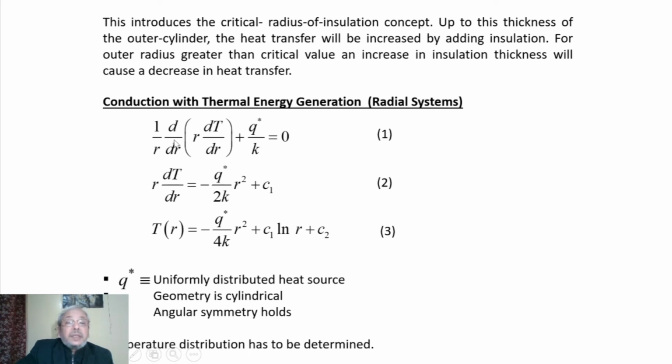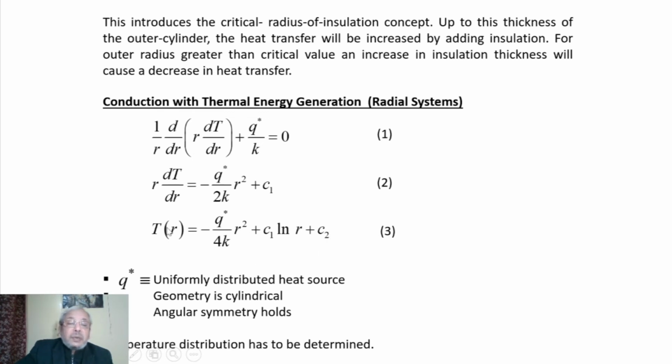And we have written the governing equation: 1 by r d/dr of (r dT/dr) plus q star by k equals 0. We integrate once, so we get r dT/dr equals minus q star by 2k r square plus C1, and integrating again, we get the temperature distribution: minus q star by 4k r square plus C1 ln r plus C2.